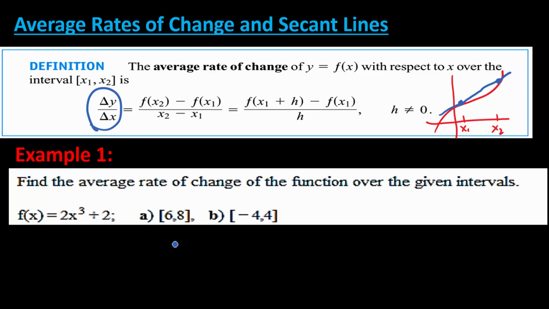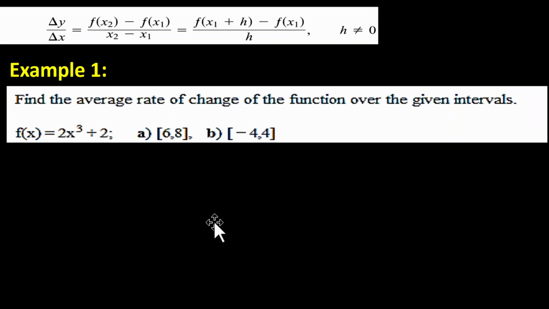And we did an example using this function right here, on the interval from 6 to 8. Okay, how about letter B? From letter B we have delta y over delta x. We need y2 minus y1 over x2 minus x1.